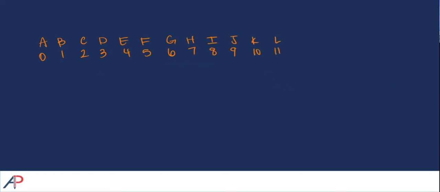So when we think about A, that would be 0 instead. B would be 1, C would be 2, D would be 3, E would be 4, F would be 5, G would be 6, H would be 7, I would be 8, J would be 9, K would be 10, L would be 11, M would be 12, and we'll stop actually.